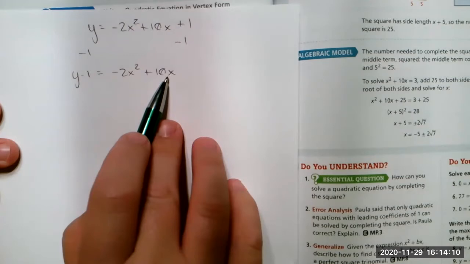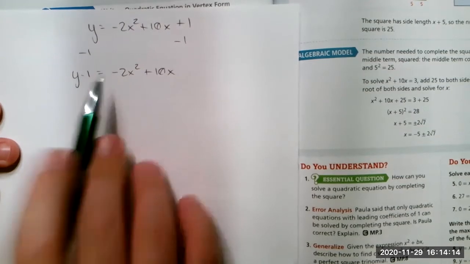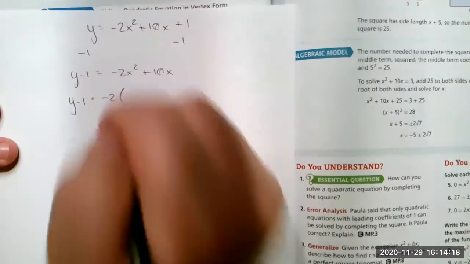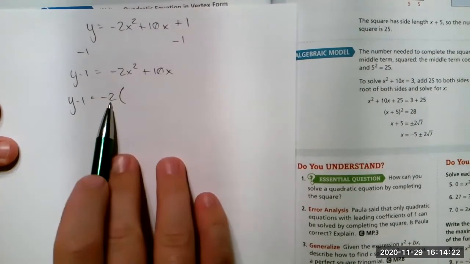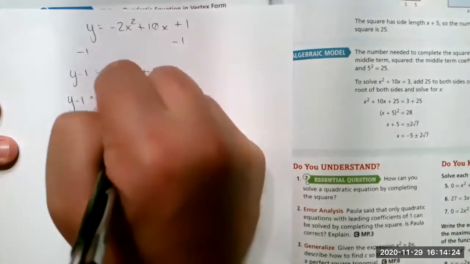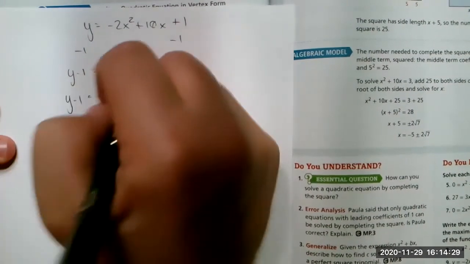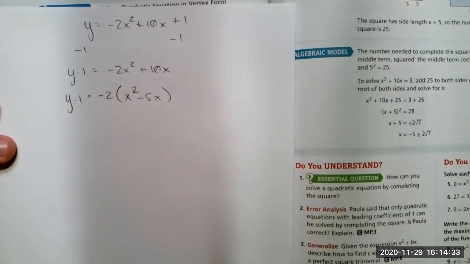On the right, I've got a GCF I can take out, and that leading coefficient is negative. So I want to take that out as well. So in that case, I think I'm going to take out a GCF of negative 2. So negative 2 divided by negative 2 is 1. So it's going to be 1x squared. 10 divided by negative 2 is negative 5. So it's going to be negative 5x.